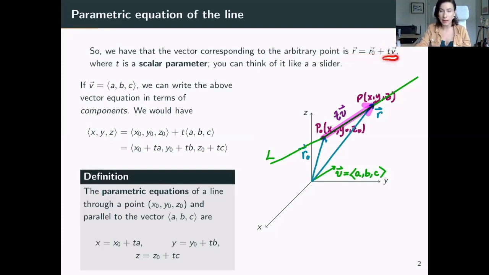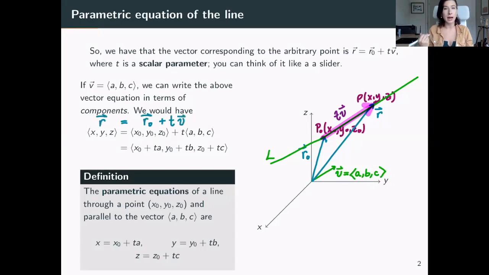That scalar parameter is either going to make this vector longer or make the vector shorter, depending on where this second point P happens to be located. Because we defined our vector v as a, b, c, we can change the equation of r being equal to r naught plus tv in terms of components.